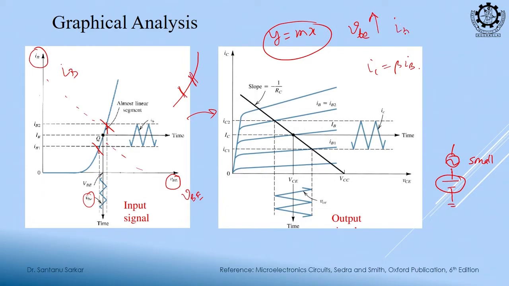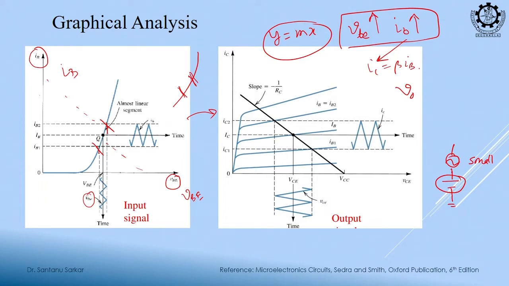Because of that IB is varying. So, this is at the input side. Now, because of that at the output side what is happening? IC is also varying, and if IC gets varied, what will happen? My output voltage will also vary, and because of this beta I will get an amplified version of output.